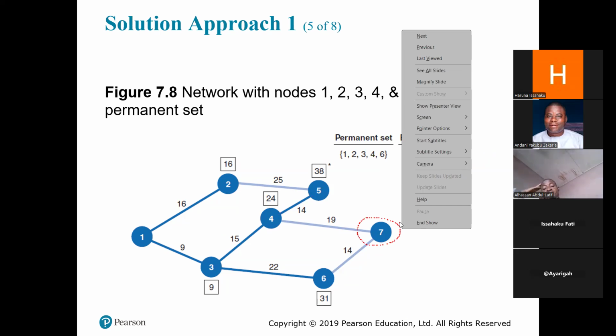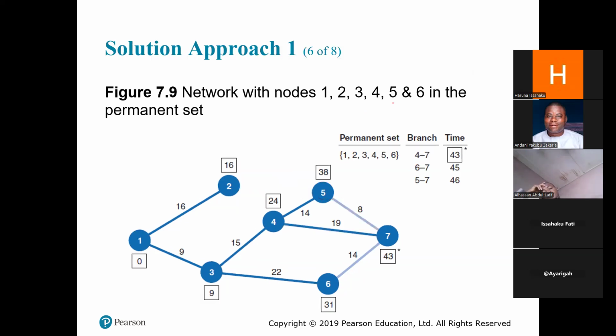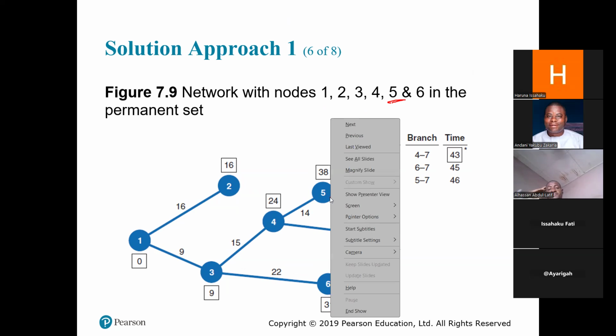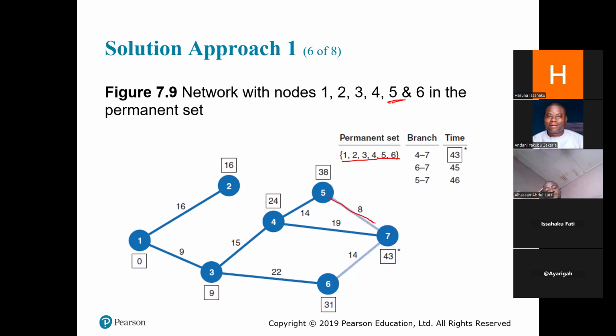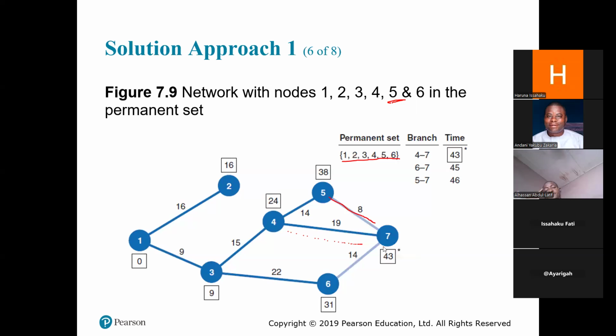So what we then need to do is to redefine our permanent set to now include 5, because we have determined 5. So you see here, 5 is now added to the permanent set. So we now look at how do we go to 7? You can go to 7 from branch 5, 7, 4, 7, 6, 7. So we now estimate them and see which one has the smallest time.